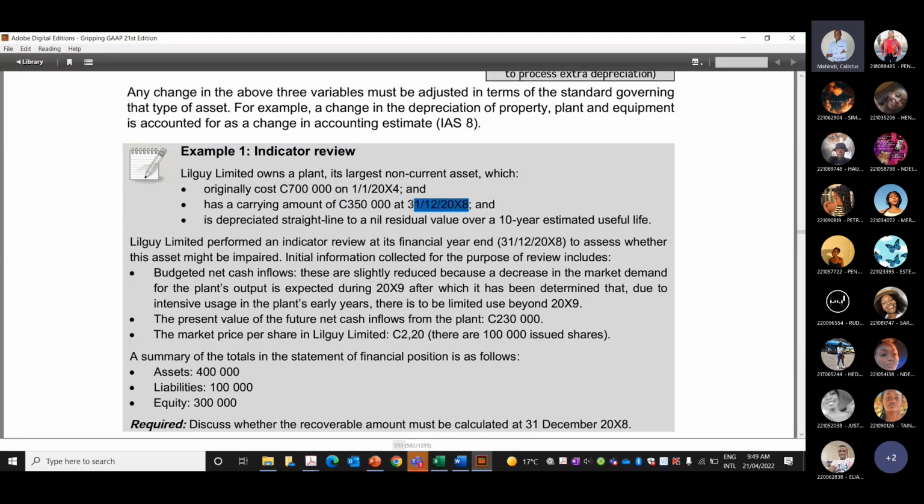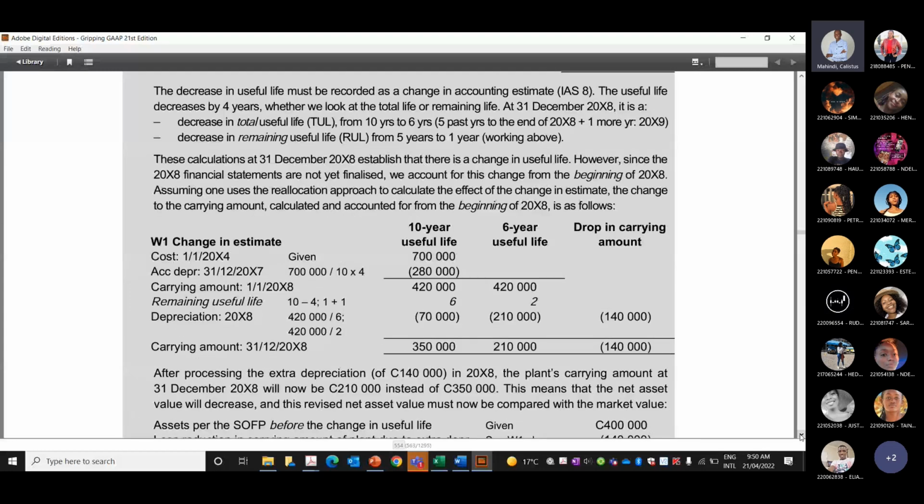But then if that carrying amount is at 31 December 20X8, what would have been the depreciation for that current year? What would have been the depreciation for 20X8? All right. So in this question, they actually do a calculation for you. So let us look at it.